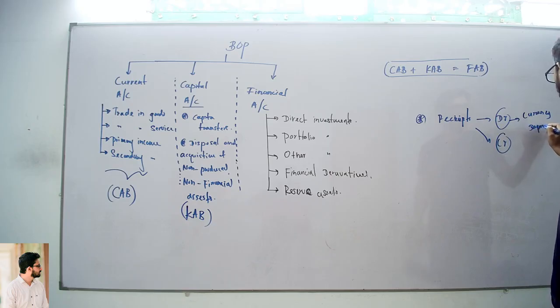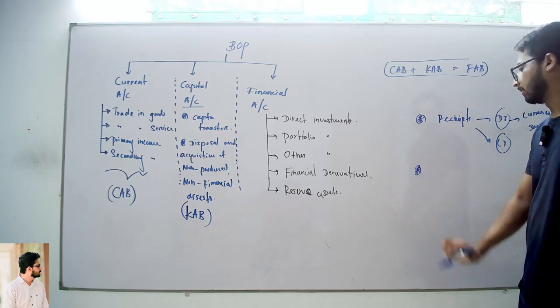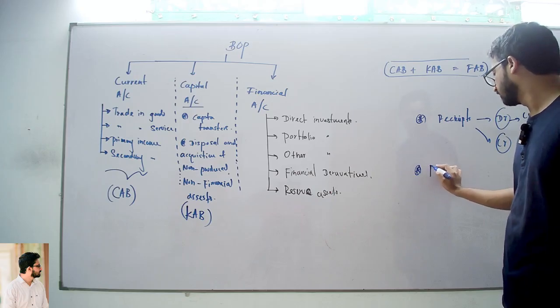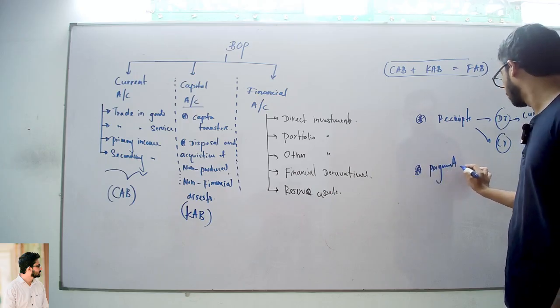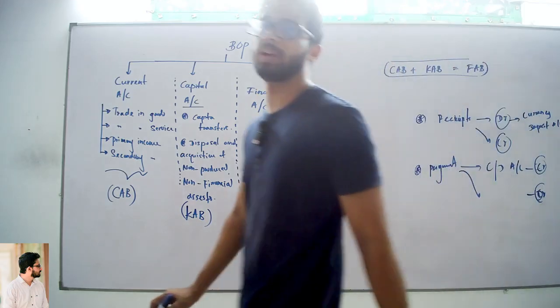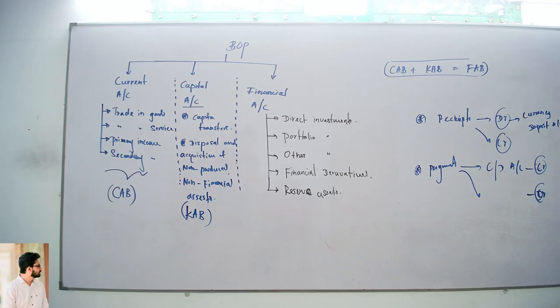If there's a cash payment, currency and deposit account credit, and other relevant account should be debit. This is the way of recording transactions based on the double entry principle. If you feel this is terrible, forget it. It's okay. Receipts, payments.